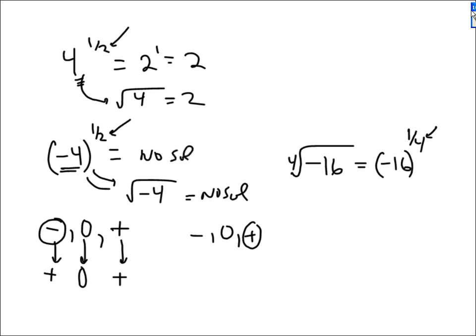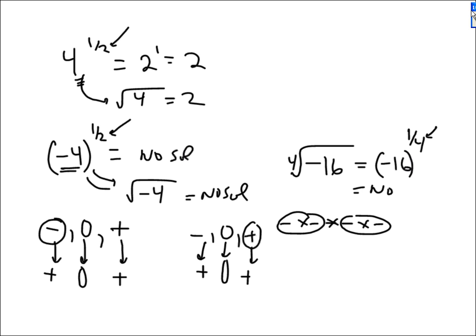You multiply a positive by itself 4 times, you get a positive. Multiply a negative number by itself 4 times, you get a positive. 0 will be 0. You'll never get a negative. So this here has no solution.